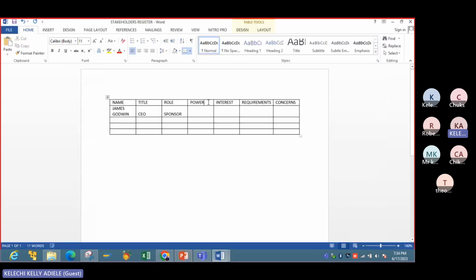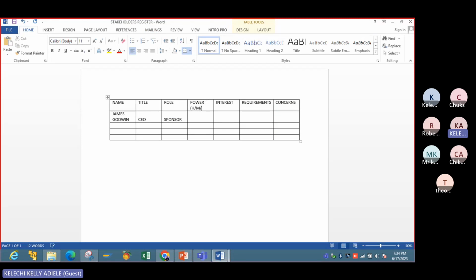We have high, medium, and low, depending. Let me just use high and low. There's nothing like medium in power.